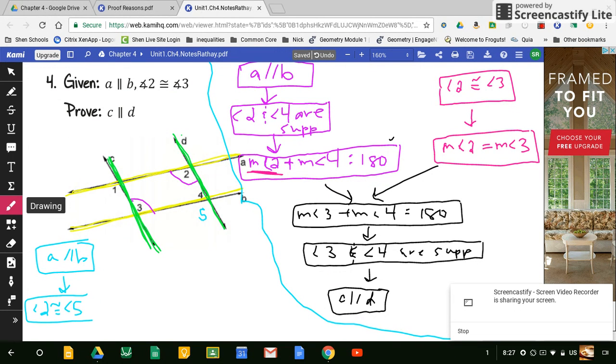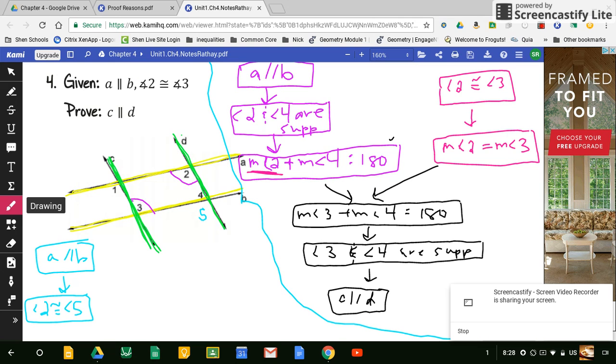We didn't need to. We saw that we didn't need to, but we're allowed to. 2 is congruent to 5 based on the yellow lines being parallel. We cannot say 2 is congruent to 1. That would be based on the green. 2 is congruent to 5. And a reason is if parallel lines are cut by a transversal, then corresponding angles are congruent.